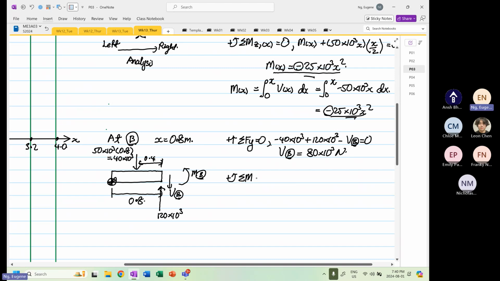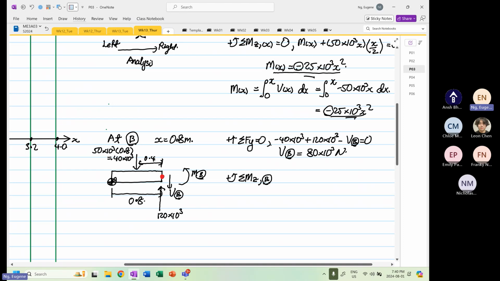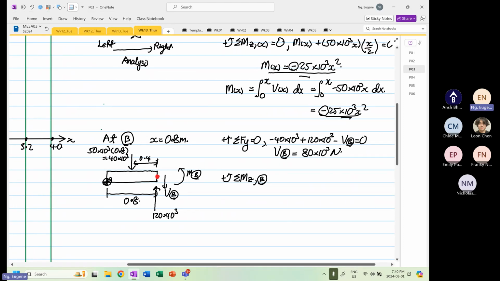And then when you take moment, you realize there's no difference. Summation of moment Z at point B, so we are taking moment at this point over here. So we will have 0.4 multiplied by, going anti-clockwise, 40 times 10 to the power 3, then plus moment at point B equal to 0.